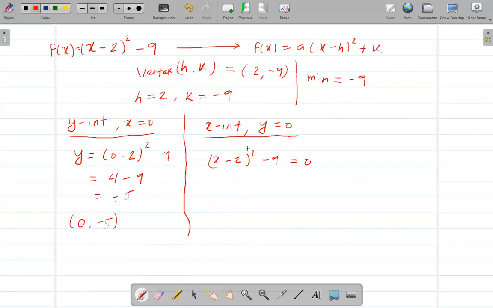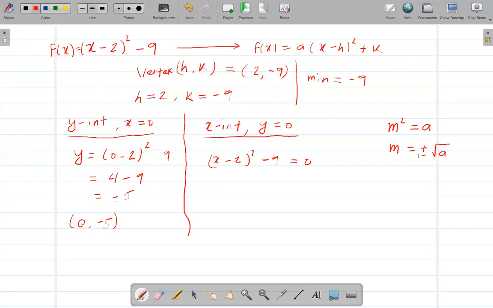So now let's consider this way. To find the value of this, there is an idea: if we have m squared equals a, then the value of m will be plus or minus the square root of a.